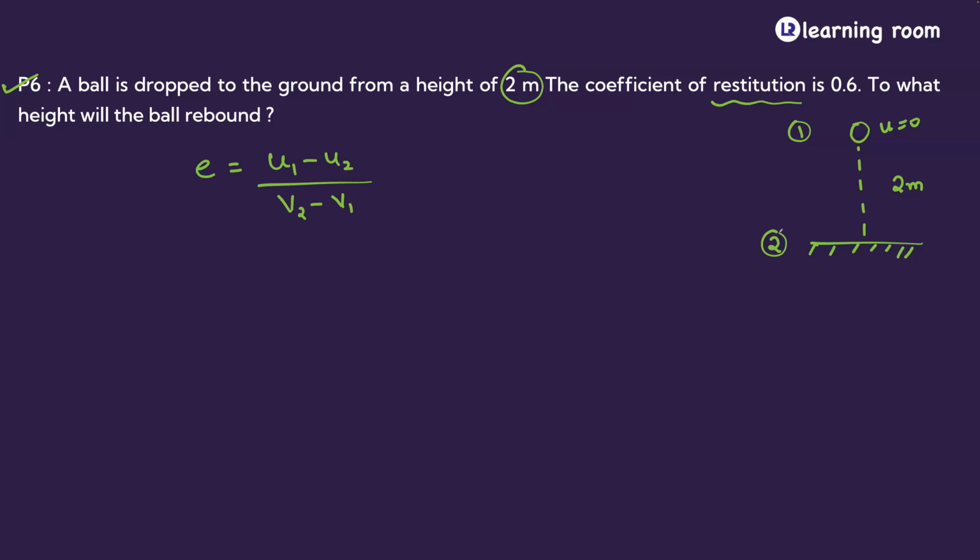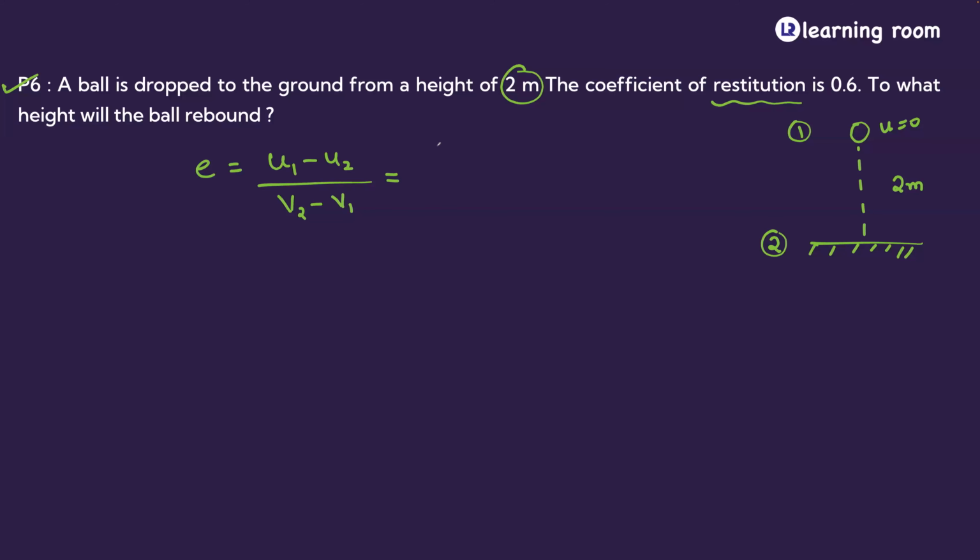Right. So when I ask you what is the value of U1, what are you going to say? U1 is not 0. U1 is the velocity attained by the particle just before collision. So you should not take this scenario. U1 is the velocity attained by the particle before the ball came in contact with the ground.